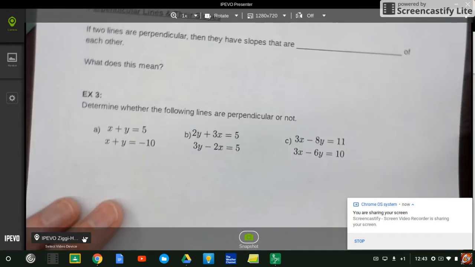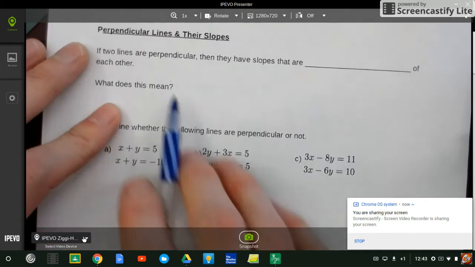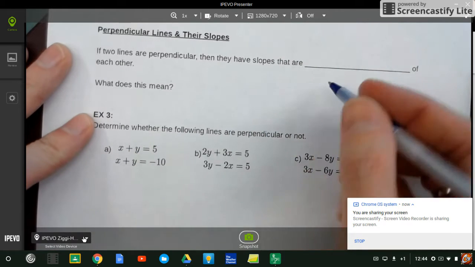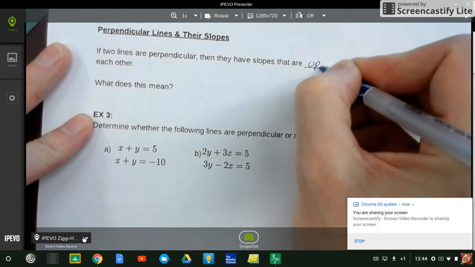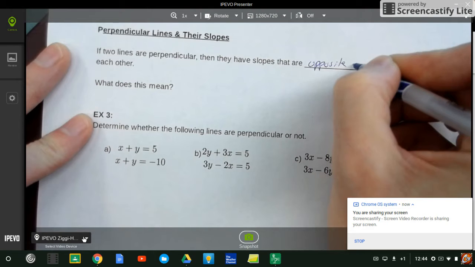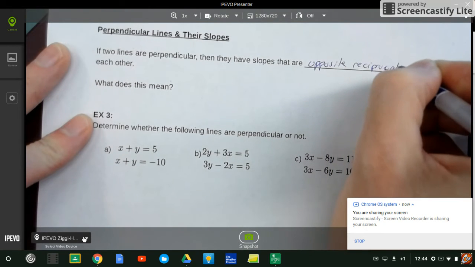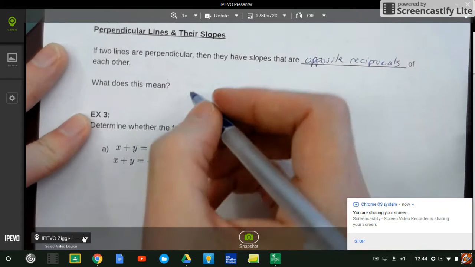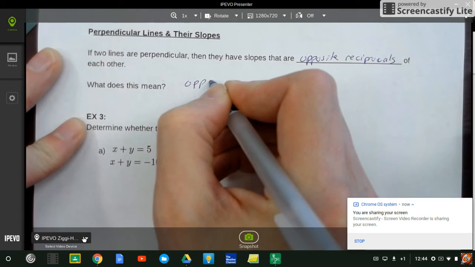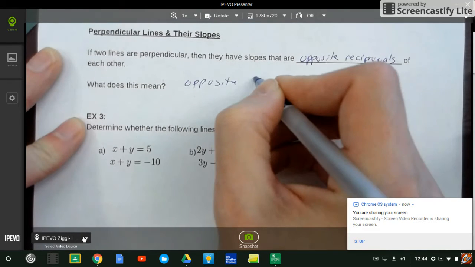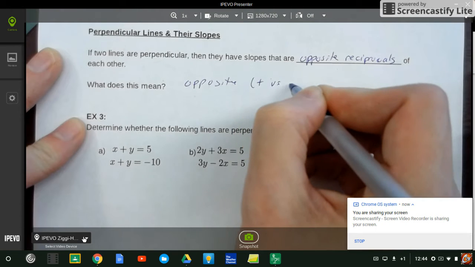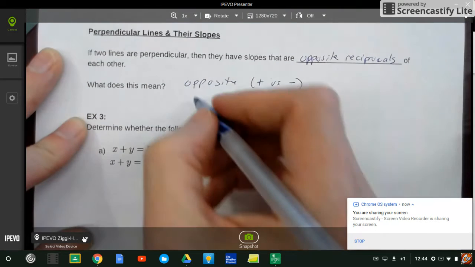So that brings us to our last question, perpendicular lines. Two lines are perpendicular if they have slopes that are opposite reciprocals. Now, what does that mean? Opposite means positive versus negative, okay?